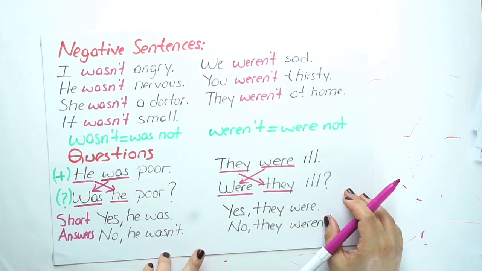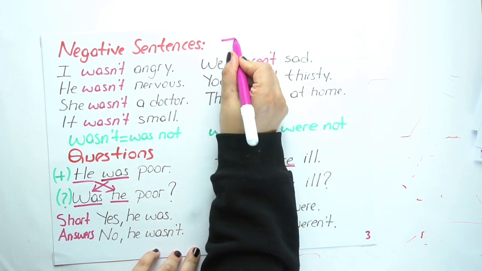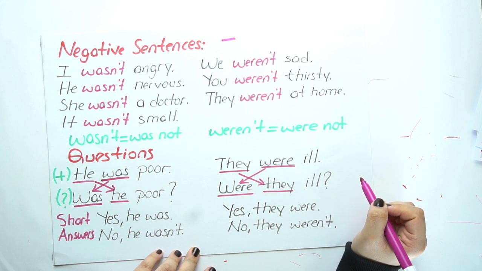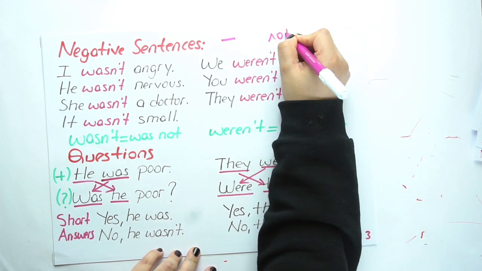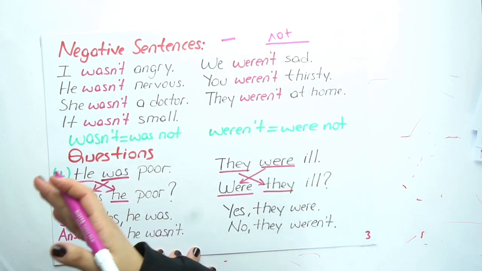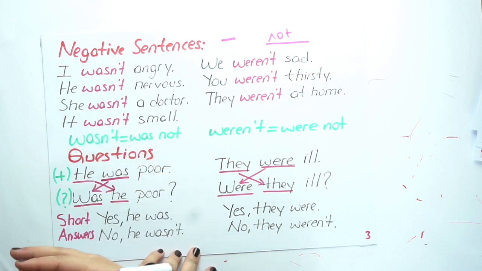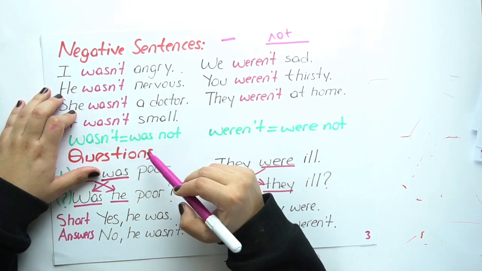Let's look at some examples in negative sentences. Negative form. Of course, I add not to my was or were. Then the short forms are wasn't or weren't. I wasn't angry.